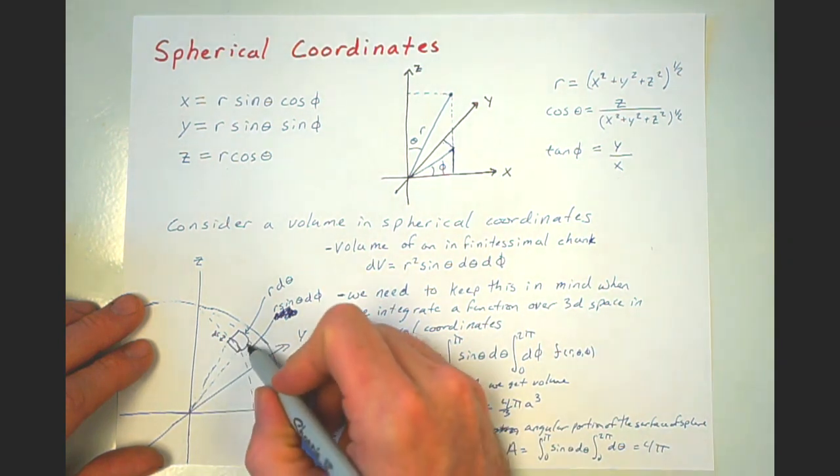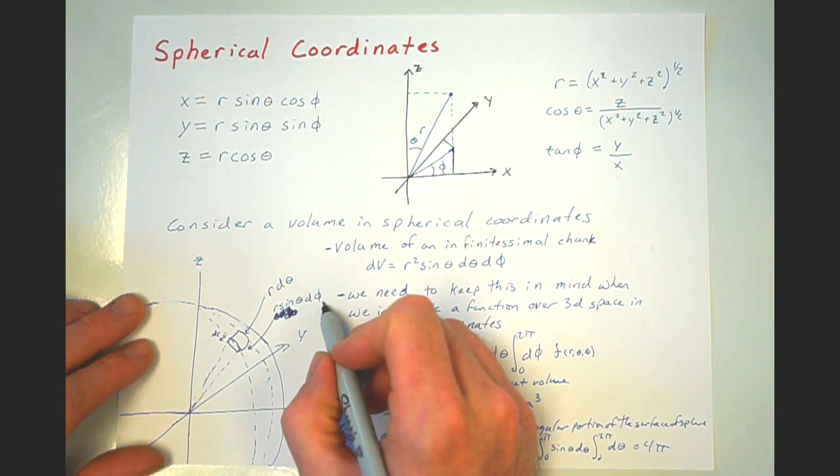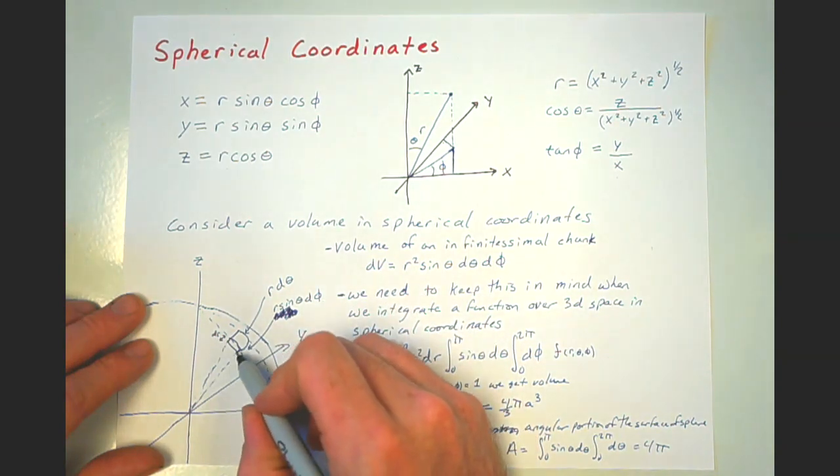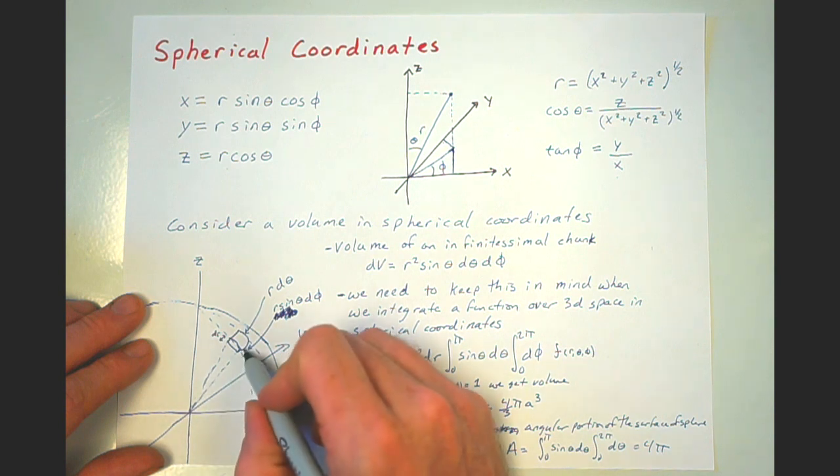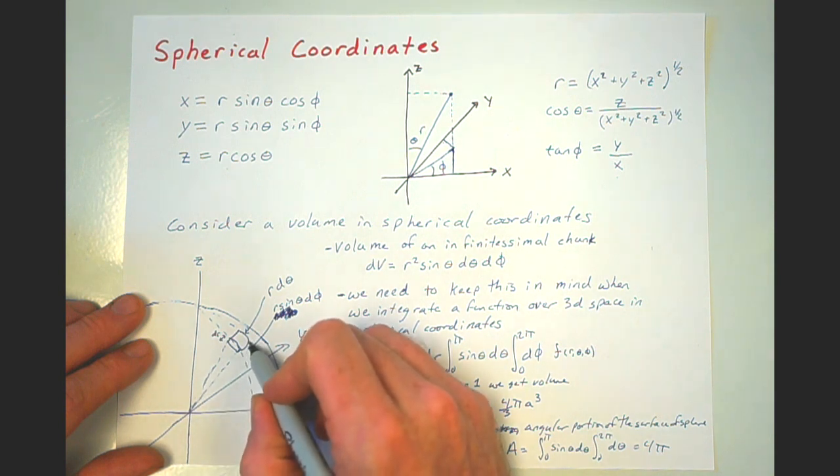So the length of this side of our box shape is given by r sine theta d phi. The further we are from the center of the Earth, the larger this side of the box is.